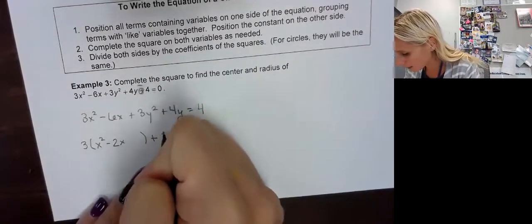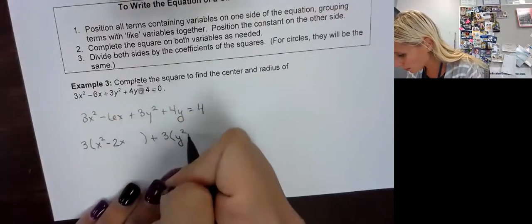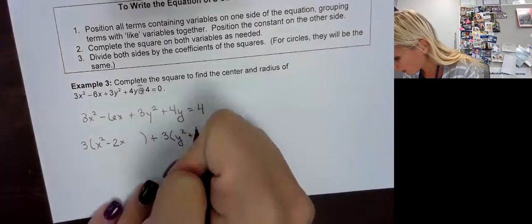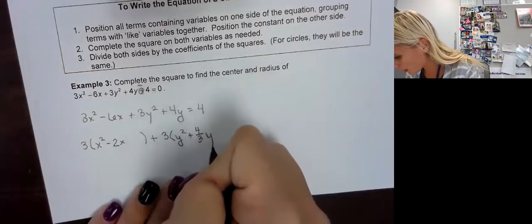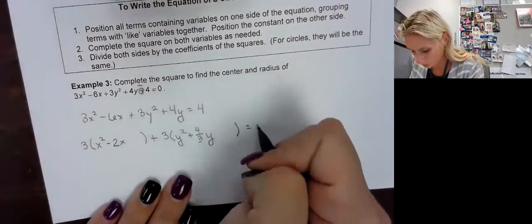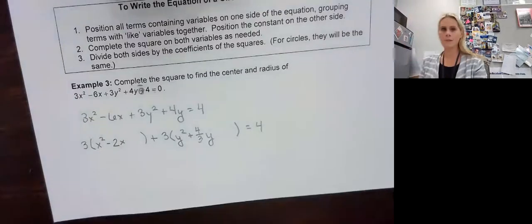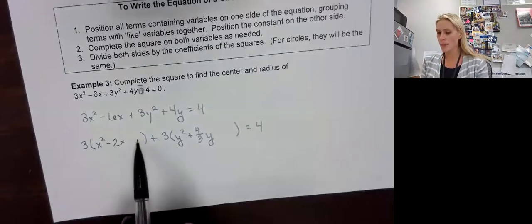Plus, I'm going to factor out a 3 here. I get y squared plus, I factor out a 3, I get 4 over 3 y, leave a space, equals 4.